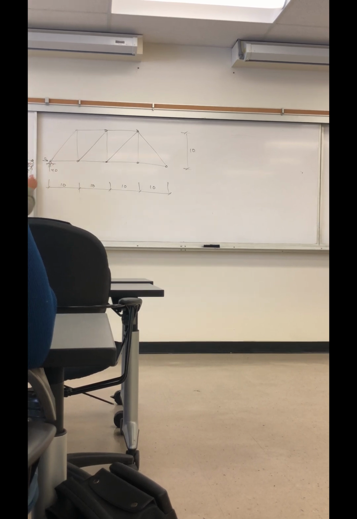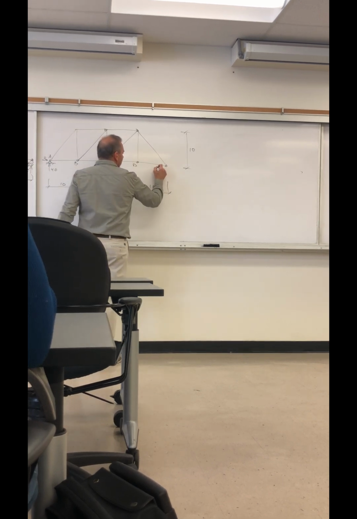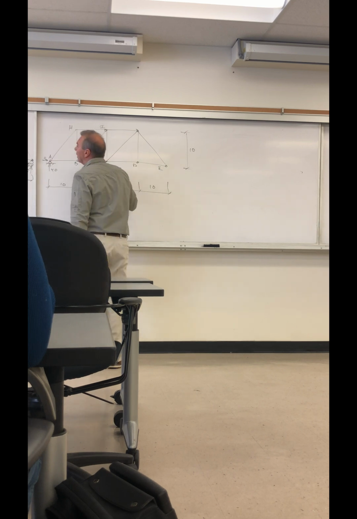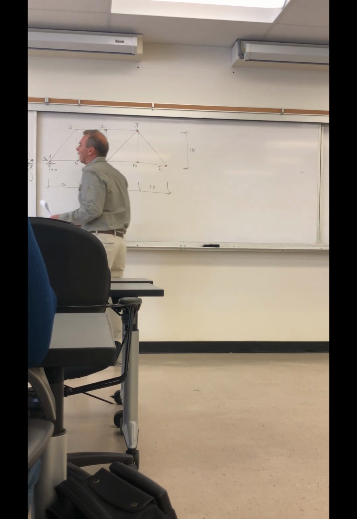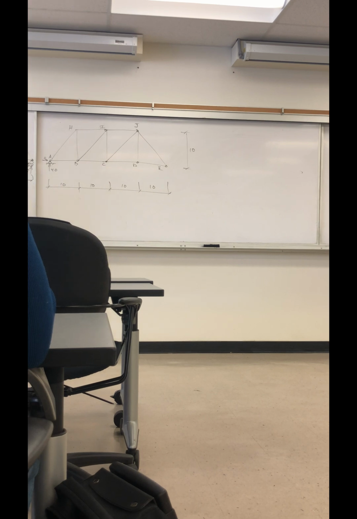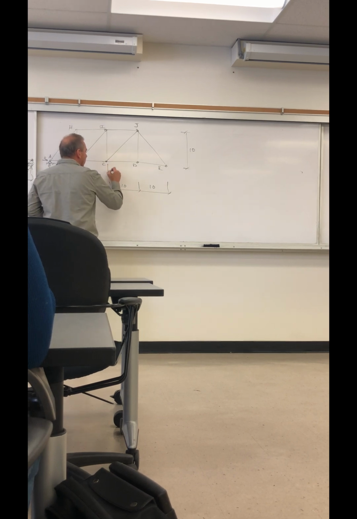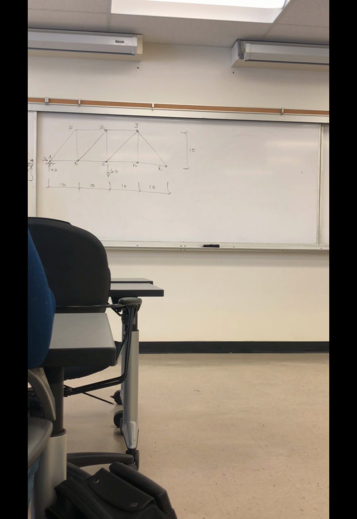Let's label these A, B, C, E, H. It helps to label the joints in section cuts like this, otherwise you don't really know where you are, you get lost. We also have to be careful at C: we're far enough over that we have a force applied, and we need to include that because it's here. So we're including everything up to J.